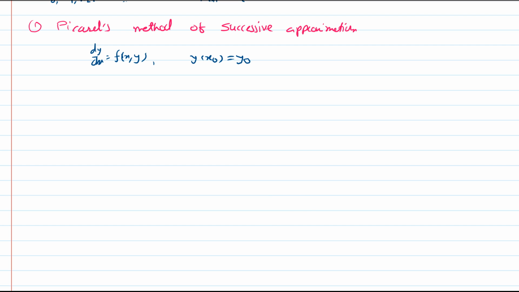For that we use the integral equation: y(x) equals y0 plus the integral from x0 to x of the given function f(x, y) dx. Let us say this is equation number 1.